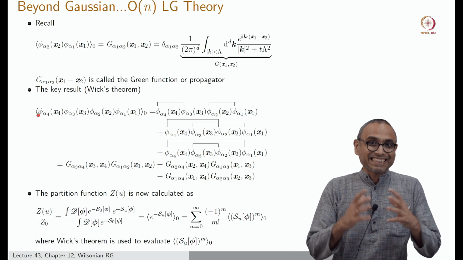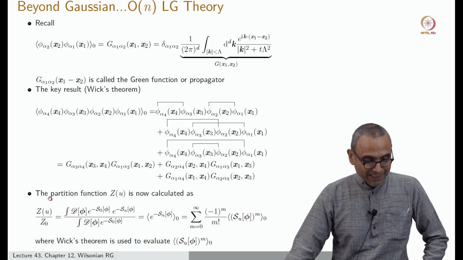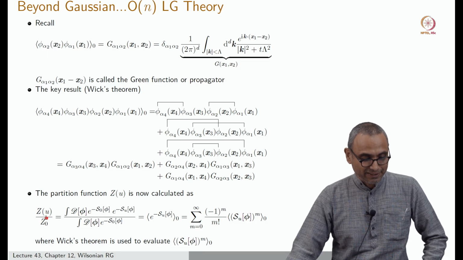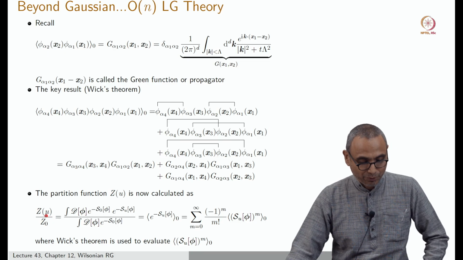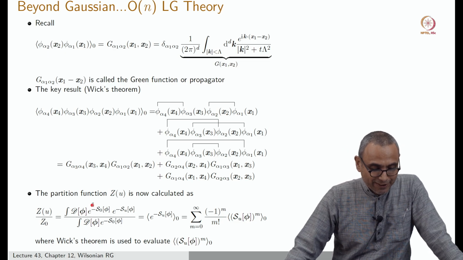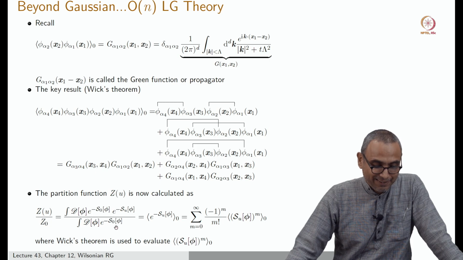So with this understood, we can now write down the partition function of the system with interaction, the phi 4 term SU, in the following way. So the numerator is of course e to the minus S naught, e to the minus SU, divided by the partition function of the Gaussian theory, namely the one with U equal to 0.